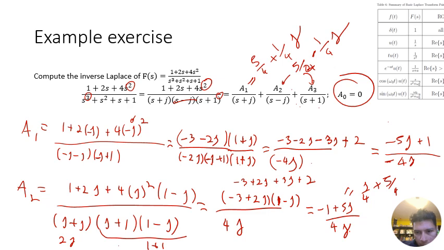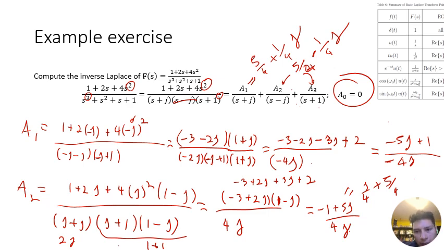What did I do here? 5j. Yeah, so that's correct up to now.